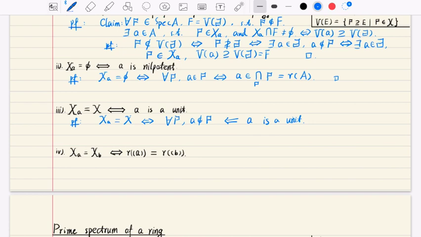And for the other direction, we just need to notice that if we assume A is not a unit, then the ideal of A is not the ring itself. It must be contained in some maximal ideal.